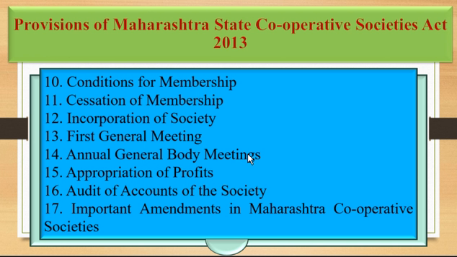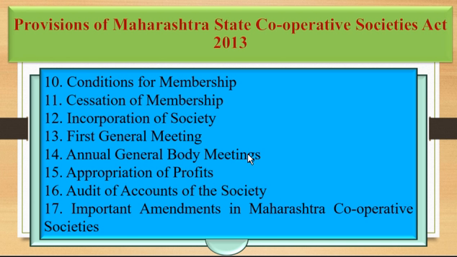Then next is audit of accounts of the society. In that, the society may, if it considers it necessary, appoint an internal auditor to audit the accounts of the society. At the annual general meeting, the society shall appoint the statutory auditor in its general body meeting from the panel of auditors approved by the state government.